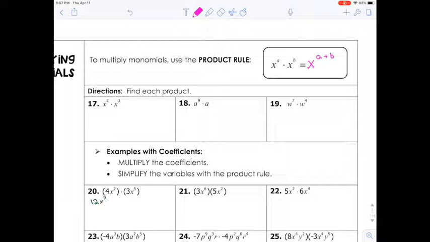Just to kind of prove it, if I had 2 to the 3rd power times 2 to the 2nd power, just think about that. That'd be 2 times 2 times 2 times 2 times 2. How many 2's do I have? I have 5. 3 plus 2. Common mistake would be 2 to the 6th. You're like, oh, multiplication, 3 times 2. No. Add them.